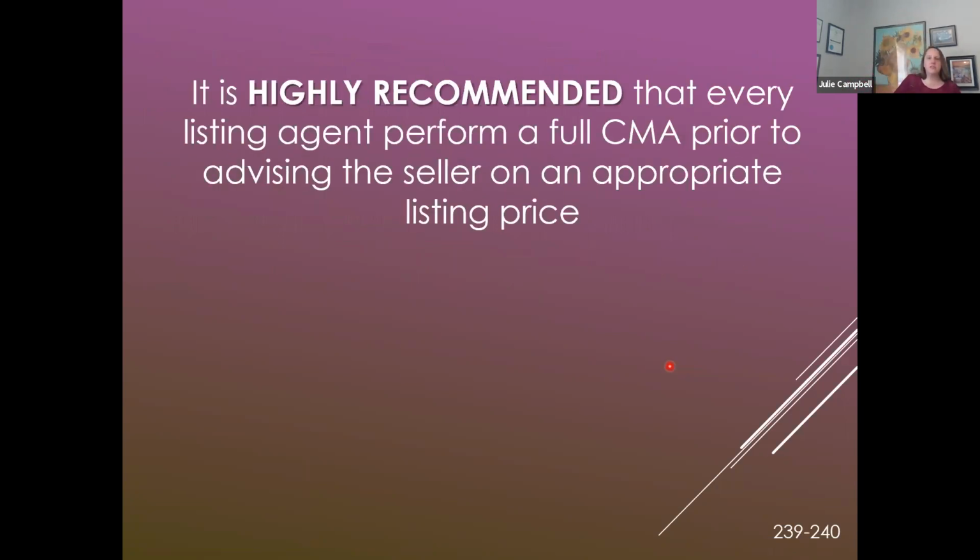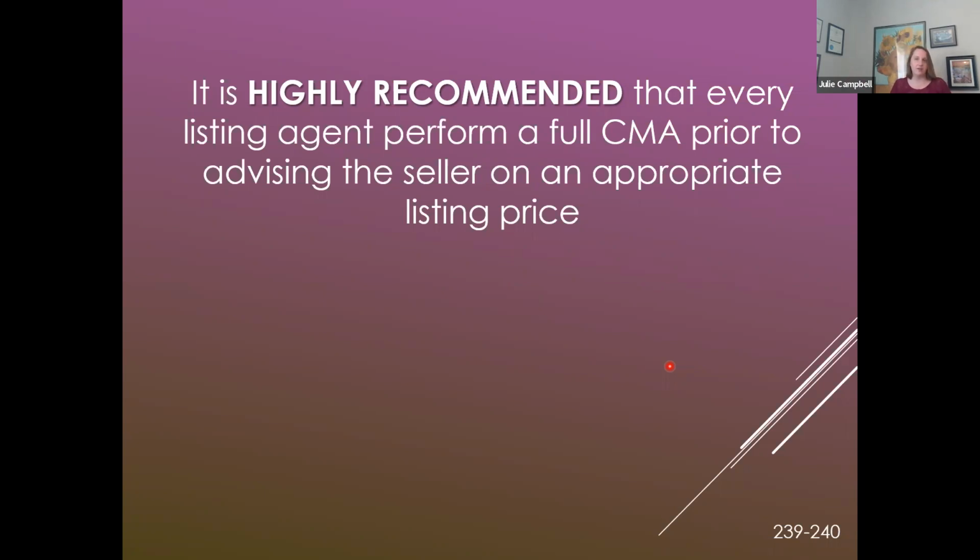The Real Estate Commission says it is highly recommended that all listing agents do a CMA prior to advising the seller on an appropriate listing price. Y'all, there's no rule that says we must do a CMA. The rule says we have to assist the seller in finding an acceptable asking price. If you have another method to do it, my question to you is, what are you doing?